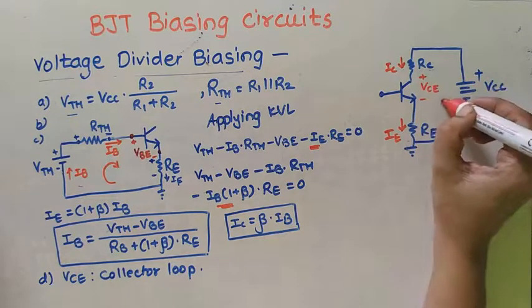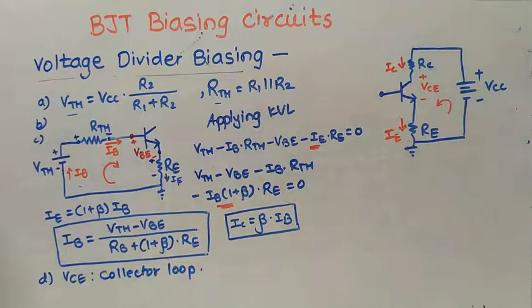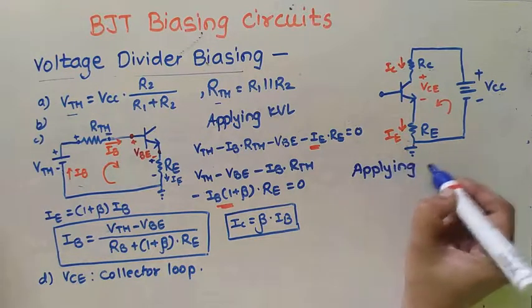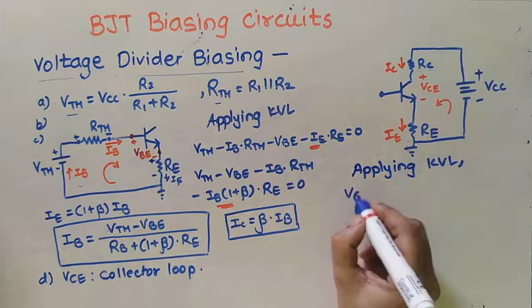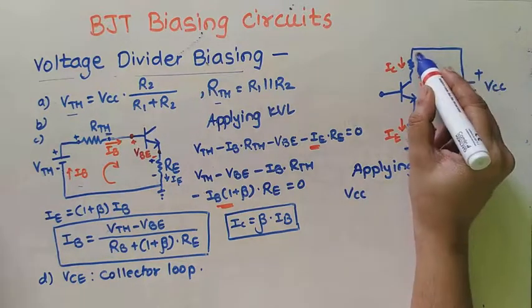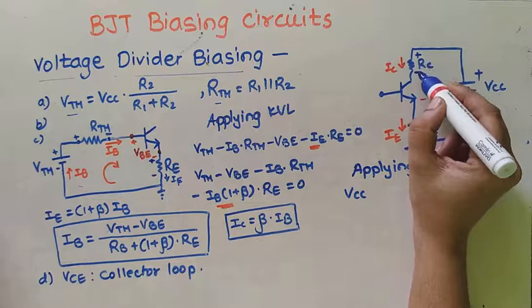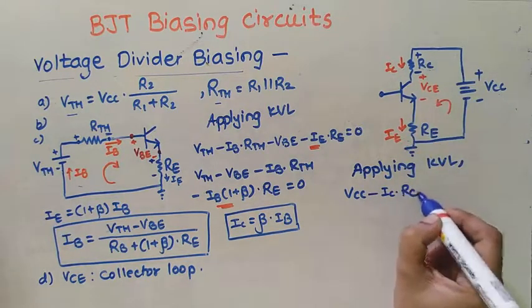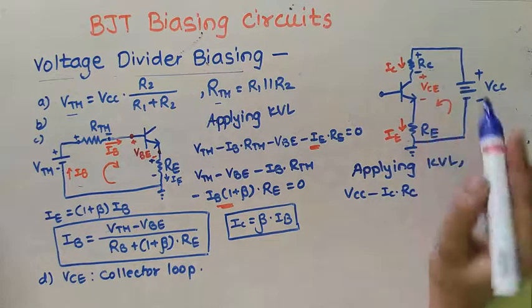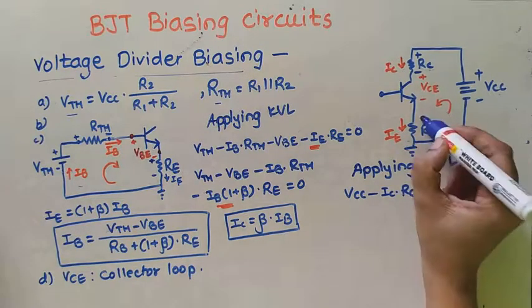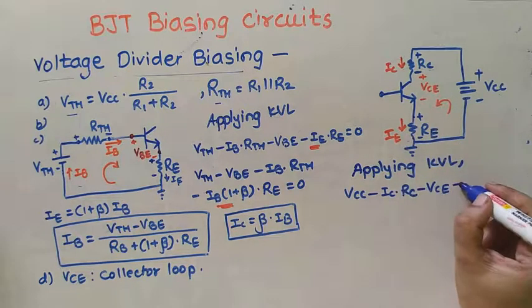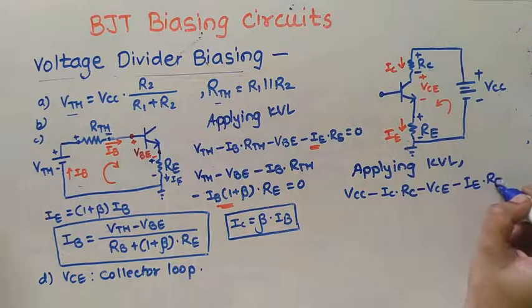Here we have to apply KVL in this way to find out the value of VCE. So applying KVL, we'll have VCC, it is plus VCC, then across RC we have minus IC into RC voltage drop, so minus IC into RC, then we have minus VCE voltage drop, so minus VCE, again across RE minus IE into RE voltage drop, so minus IE into RE is equal to 0.